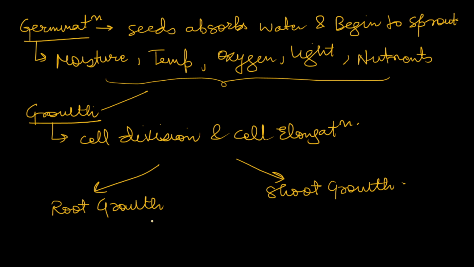That is why these two should go on simultaneously. If the root is growing, the shoot should also grow, with the proper frequency of root and shoot growth. So this is about growth. That is how you can simply explain these things. I am just giving an approach, a framework for how to go.